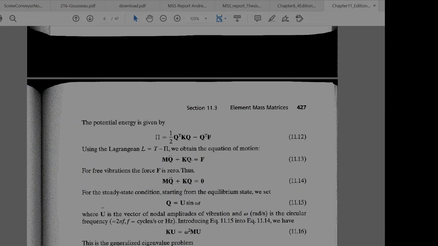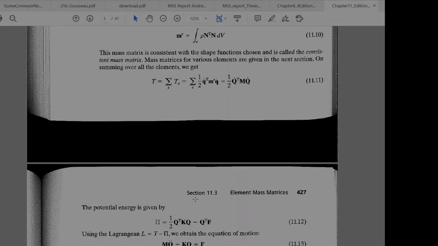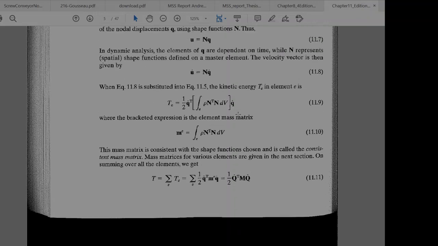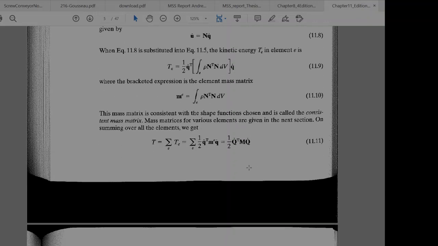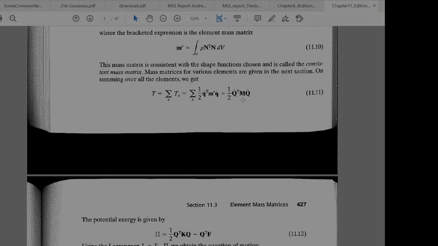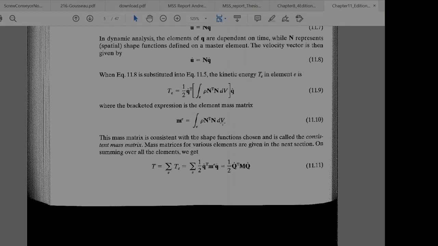This KQ term takes care of the elastic component. The F is the loads that are applied, and they can be a function of time or constant. And this is the acceleration side. We know exactly what we mean with this M, because that's the element mass matrix. The global stiffness matrix is assembled from my element stiffness matrices, and my global mass matrix is assembled from my element mass matrices in exactly the same way.